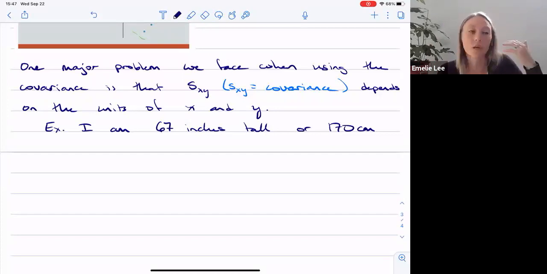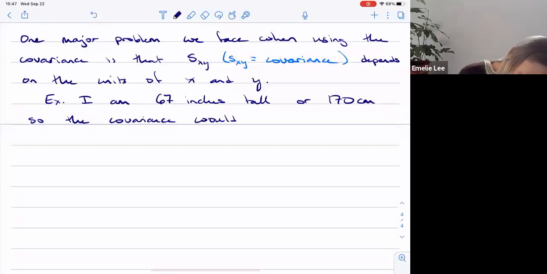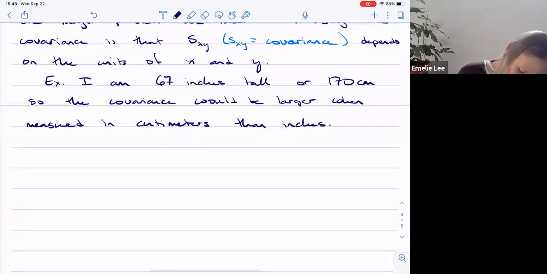So that's why we use the correlation instead. So I just want to finish this quick example here. The covariance would be larger when measured in centimeters than inches, right?